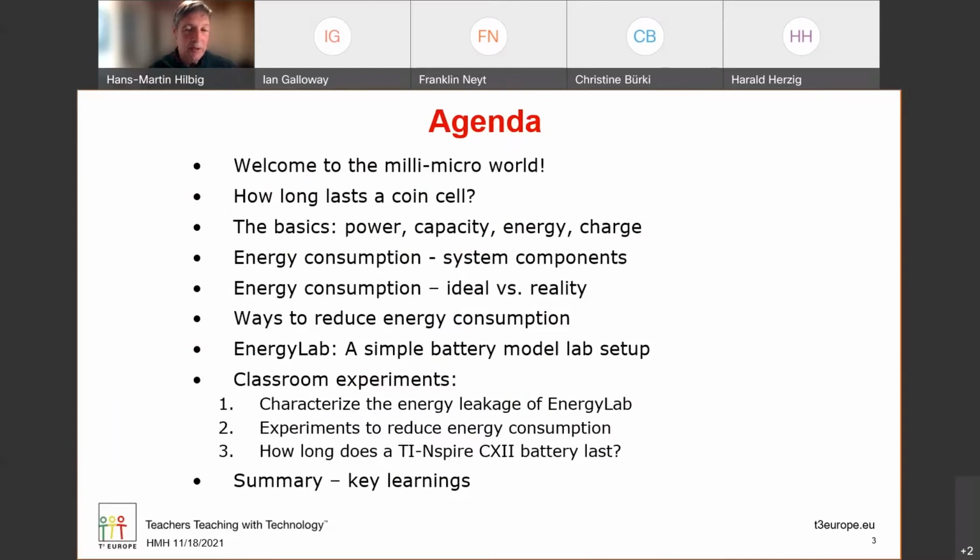Once we found those, and I guarantee you we will find them, we will look at what we can do to take a couple of pictures of them, and also what we can do to train them to our benefit. This is what we will do with what I call my energy lab, a lab setup which can be used for a couple of classroom experiments, which I will guide you through later on.